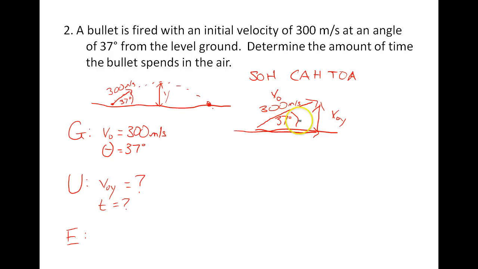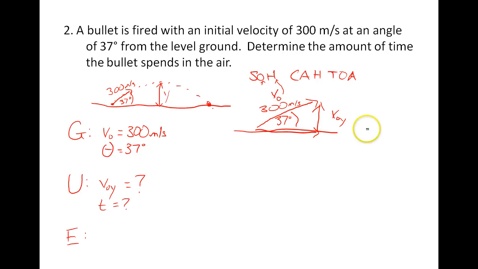Well, this side is opposite the angle. We know the hypotenuse is 300, and we want to figure out the side opposite, and we know the angle.